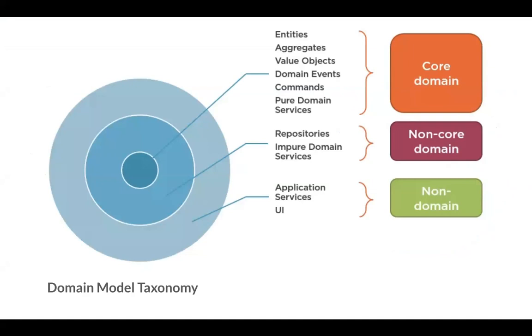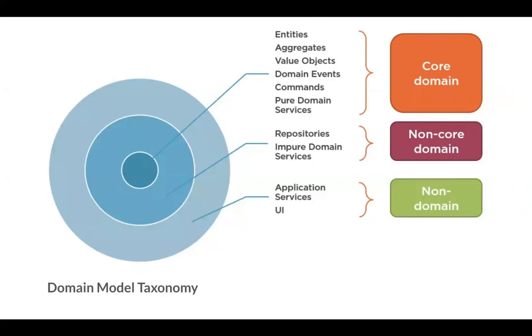Very inward, you have your aggregates, which we'll talk about in a second, value objects, domain events, commands, pure domain services, your core domain. Outside that, your plumbing. Not really non-critical, non-core domain stuff. Repositories. Think of it more like a database or some type of data repository that we need to go and get data from or persist to.